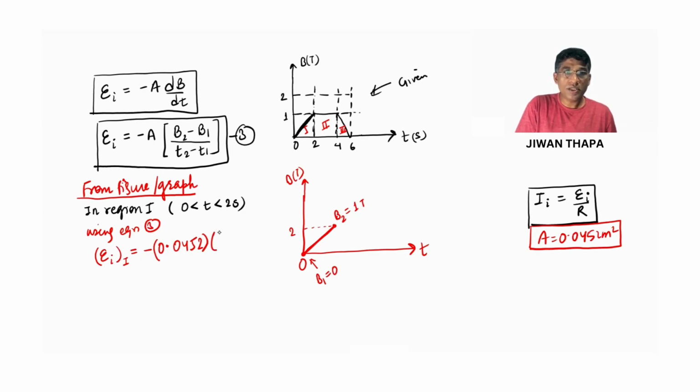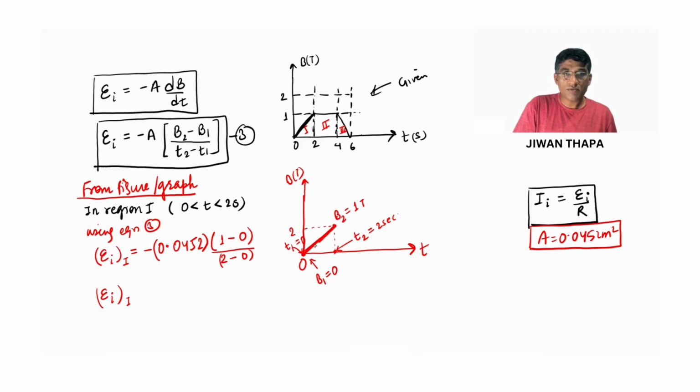So I'm writing (1 minus 0) divided by (T2 minus T1). This point gives T2, which is 2 seconds, and this represents T1, which is 0. So we have 2 minus 0.